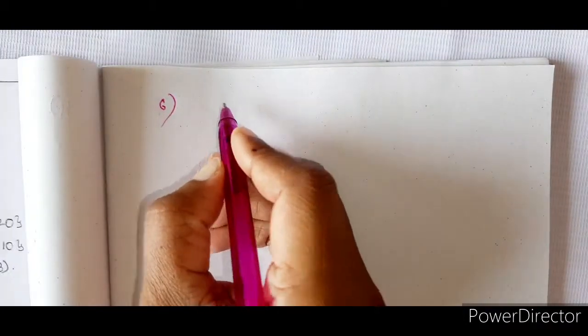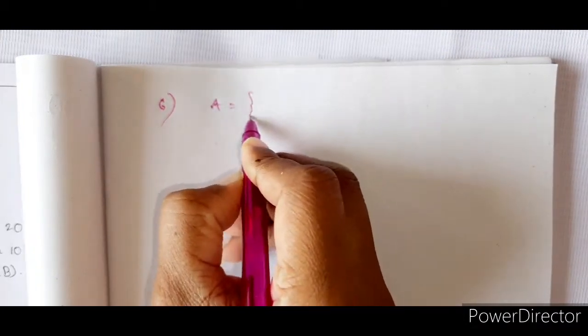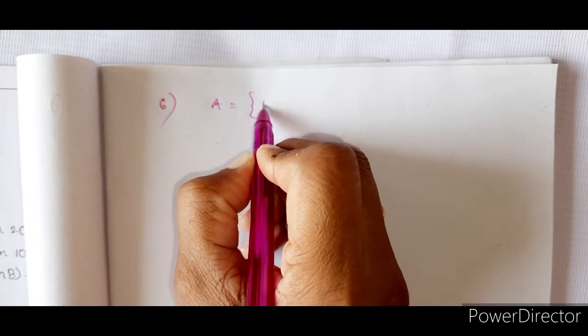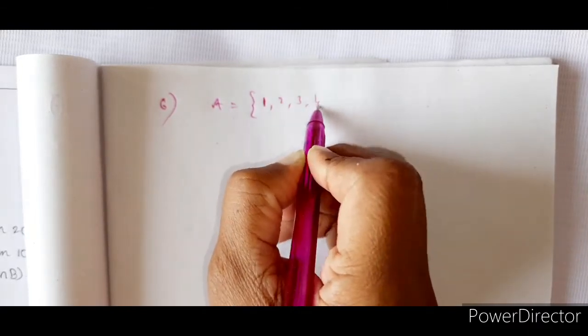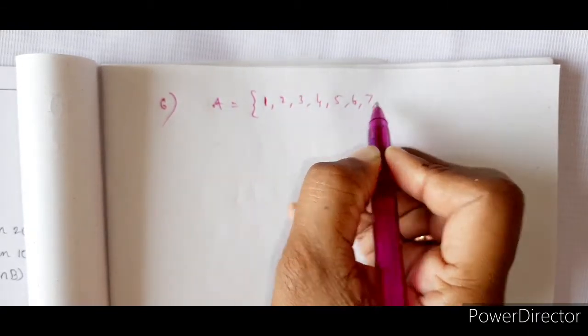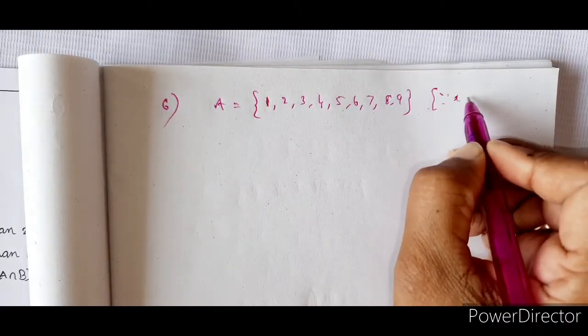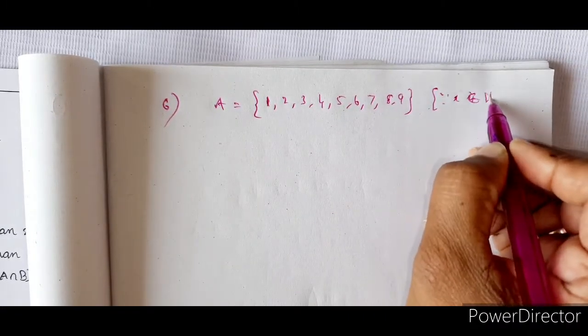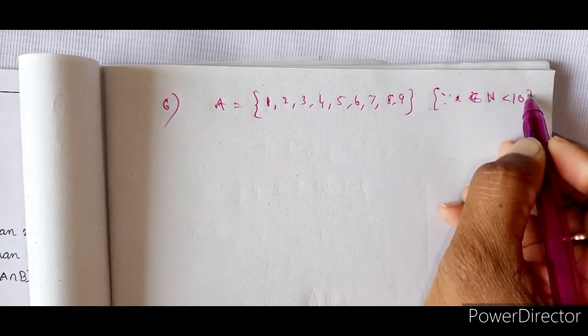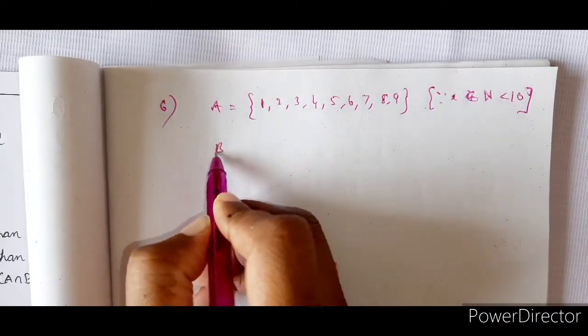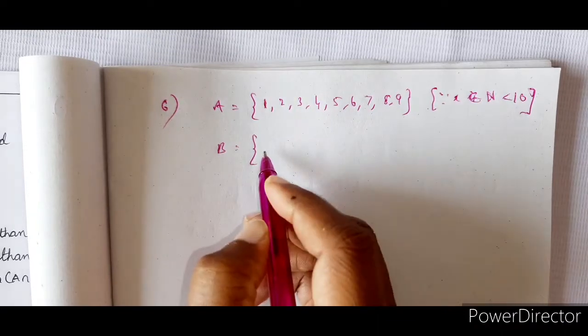Right, so first let us write elements. 1, 2, 3, 4, 5, 6, 7, 8, 9, since X belongs to N and less than 10. Okay, right. Now let us write B. What are B?